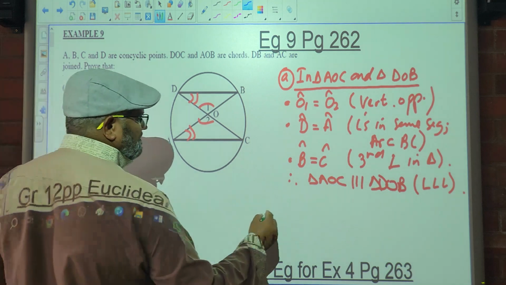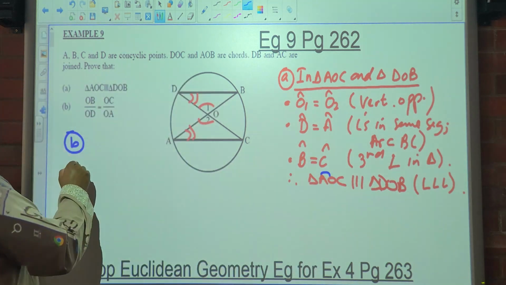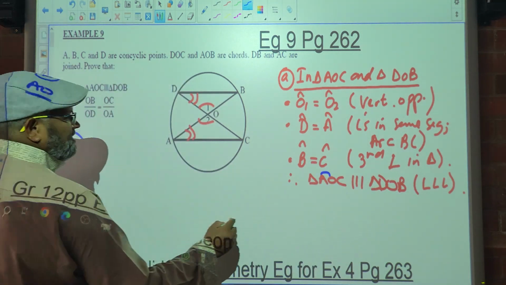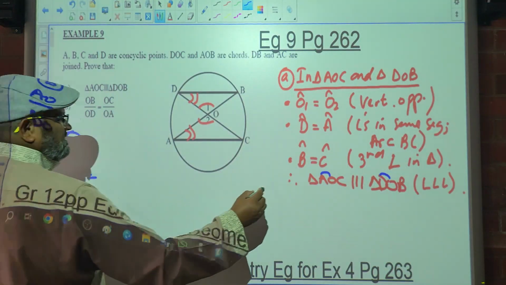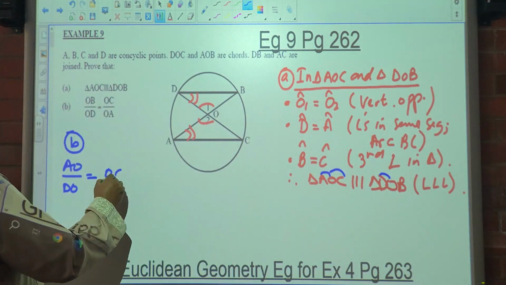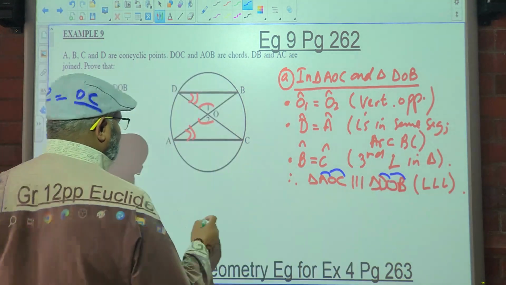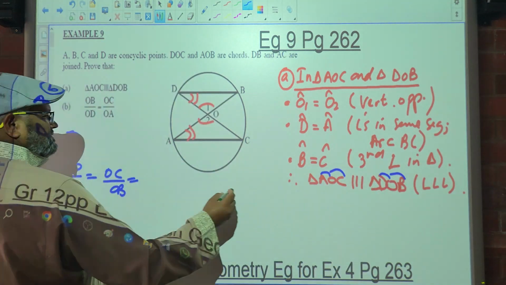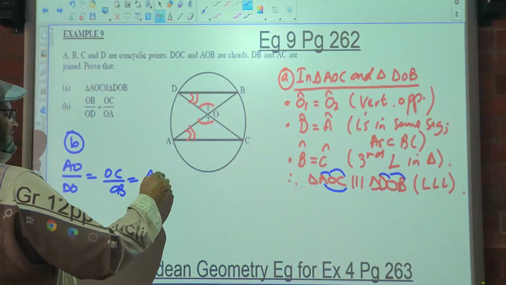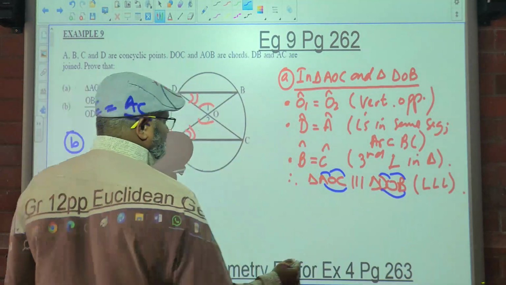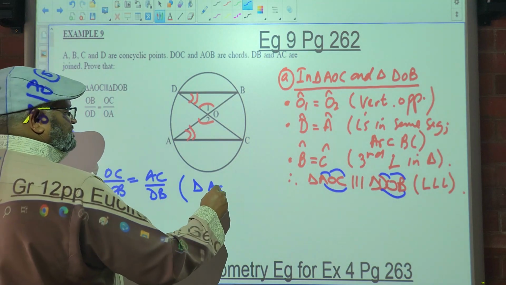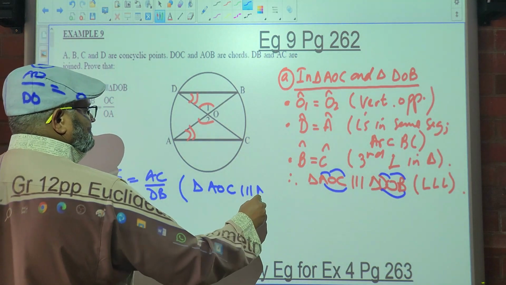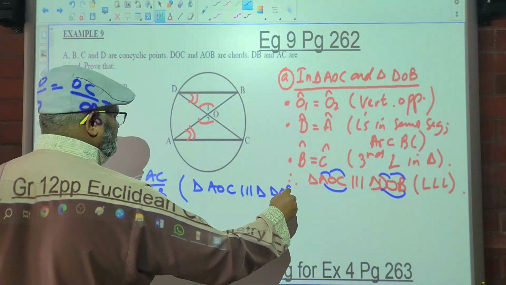So we know that AO over DO is equal to OC over OB equals AC over DB. The reason here is that triangle AOC is similar to triangle DOB.